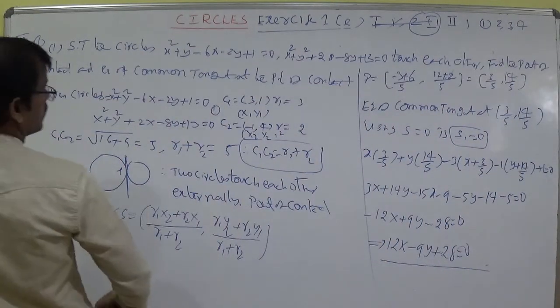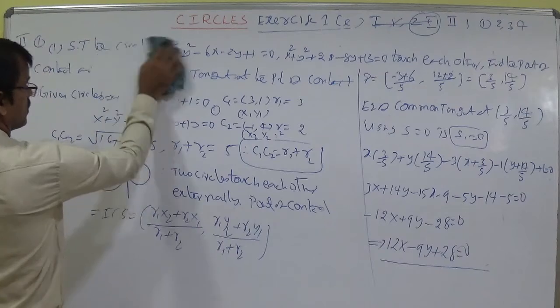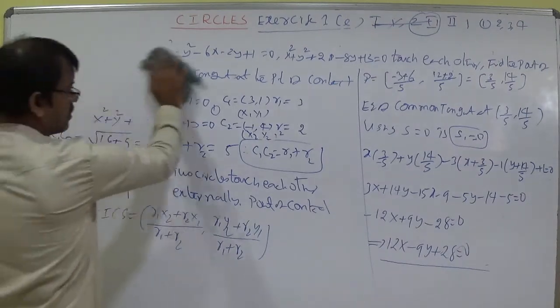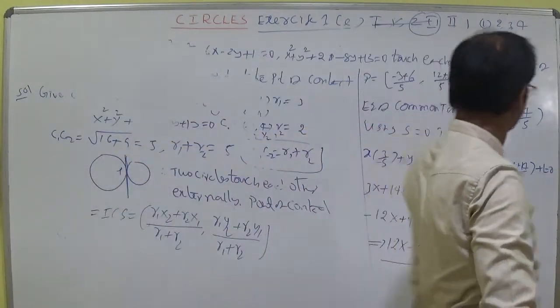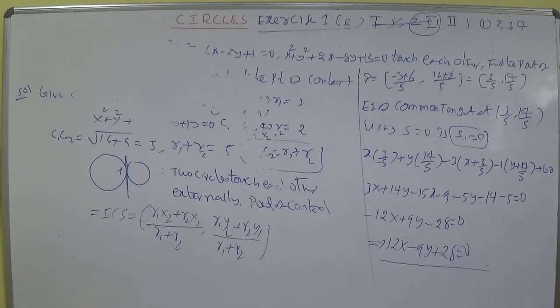Next, let us discuss Roman number 2. Roman number 1 is completed. In Roman number 2, show that the circles, first question, first I said, second one you do.